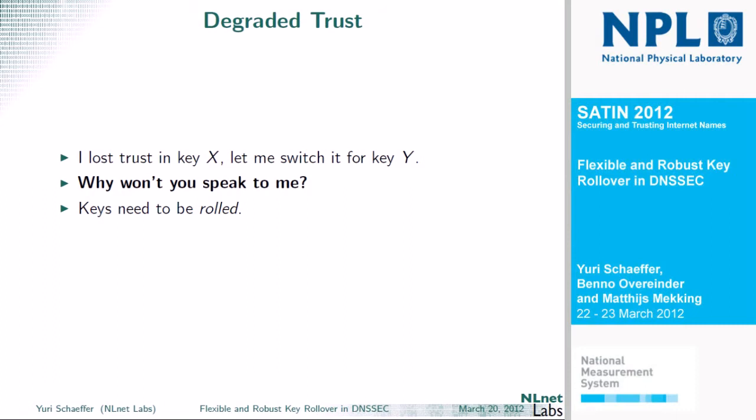It's also a source of much confusion, but luckily it's documented. There are a couple of operational practices which describe how these rollovers should happen. I call these rollovers recipes because they just say, do this, do that, do that.